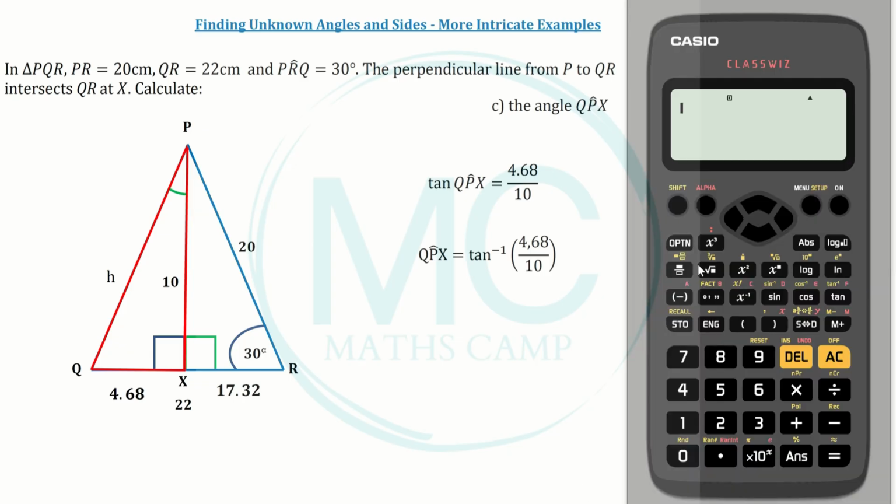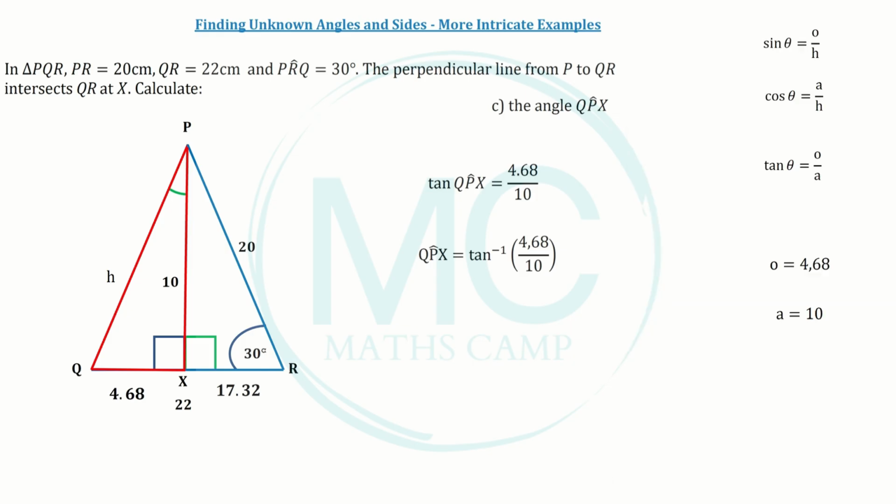We've got tan to the -1. We're going to say shift tan. In our bracket, we now say 4,68 divided by 10. Close our bracket is equal to 25,079. Let's round off to 2 decimal places, and we see that our angle is 25,08 degrees. And we have now completed this question.